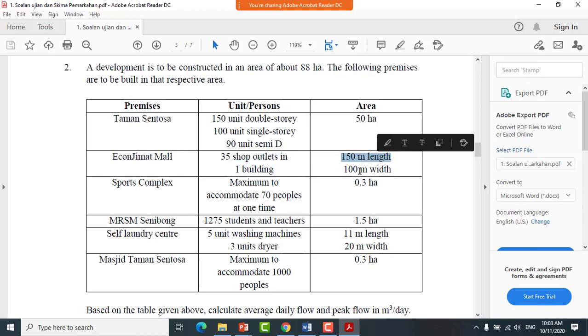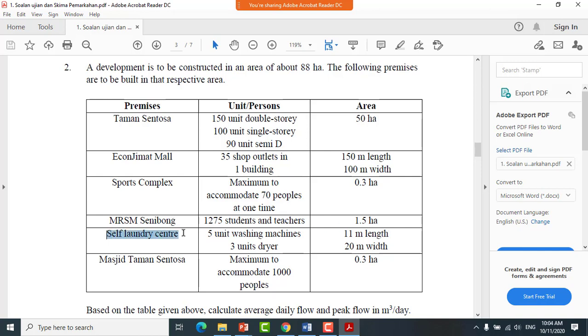This is the length and width of the area. The sports complex can accommodate a maximum of 70 people at one time, and it is 0.3 hectares. MRSM Senibong, with a number of students and teachers, is 1.5 hectares.